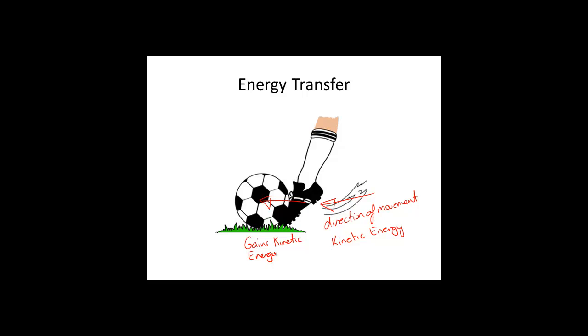And it gains that kinetic energy because some of the kinetic energy from the person's foot has been transferred into the soccer ball. What that means is the person's foot will actually lose some kinetic energy. And when it loses kinetic energy, it will slow down a little bit. And because the ball gains energy, it will start moving. And that is how you would use energy transfer to kick a soccer ball.